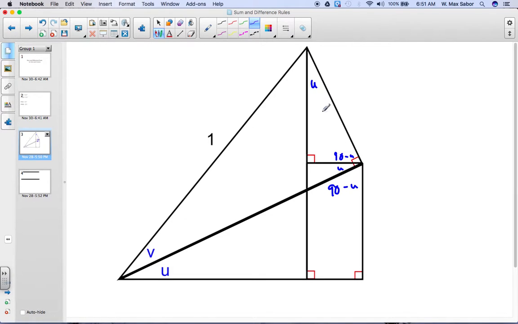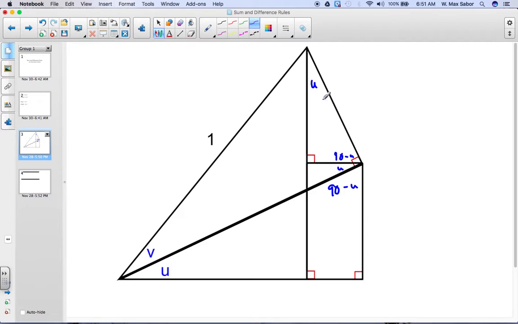So the big idea here is when we create this diagram, this small triangle also has an angle of u here. That's a big deal, so if that didn't make sense, do label it in your diagram, and this gives us that as part of a triangle. These two make a right angle as part of a rectangle, so that's u. These two make a right angle because we forced this to be a right angle.